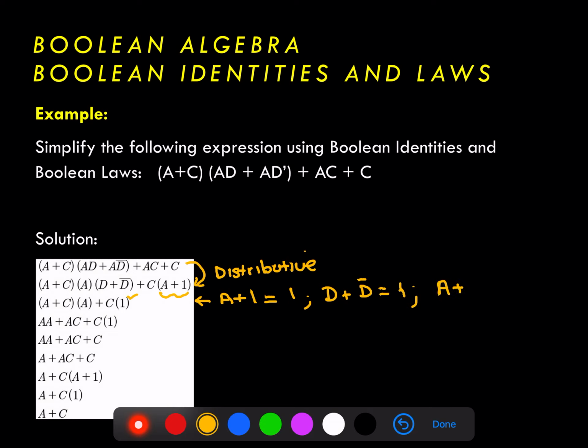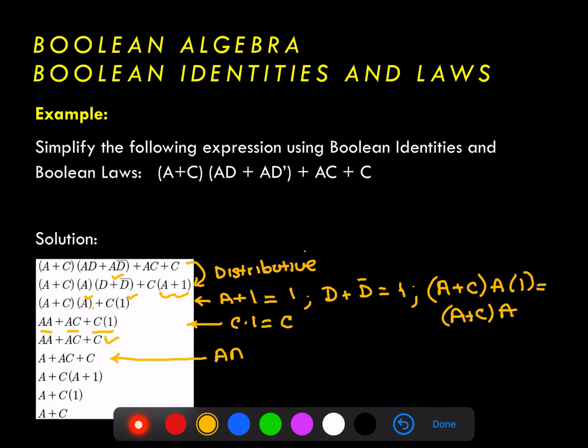So A or C and A and 1, which results here when we replace D or D' with 1, is just going to give us that variable, in this case A or C and A. From there, we can distribute out A again and multiply out to get AA or AC or C and 1. Then we apply the fact that any variable ANDed with itself is equal to that variable, which simply gives us C in this case.